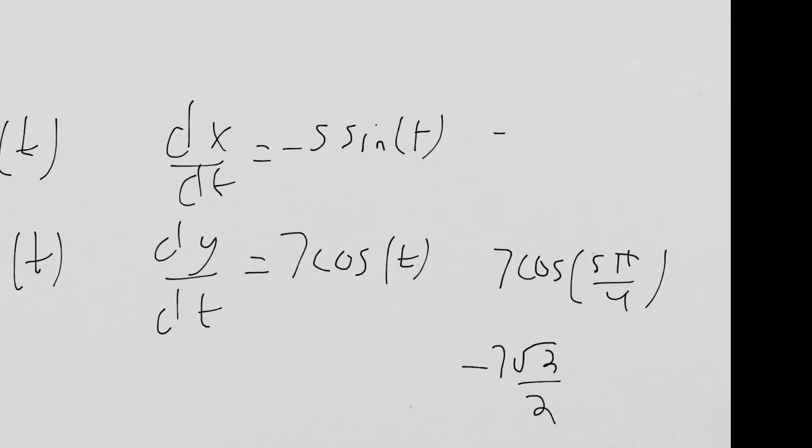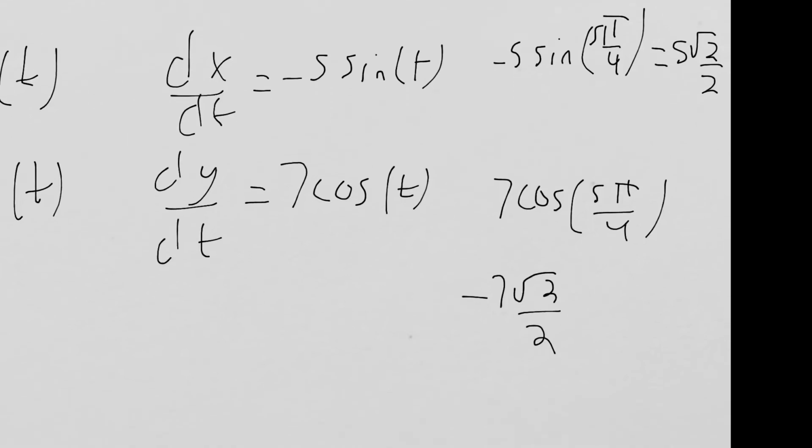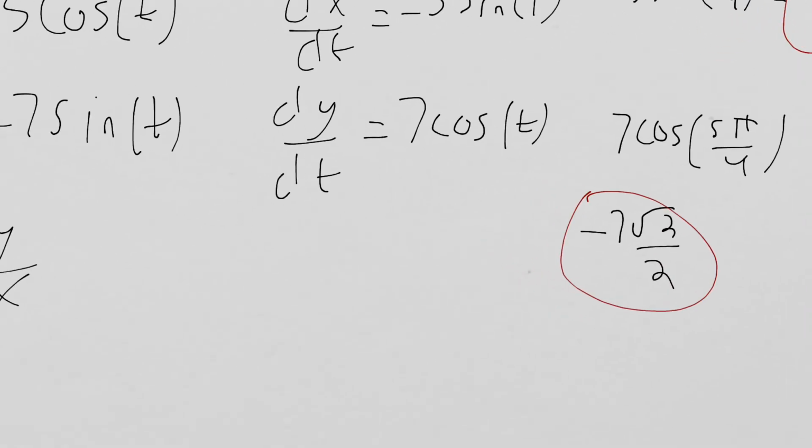What about dx dt? We have negative 5 sine of 5 pi over 4. Again, third quadrant, sine is negative. It's equal to root 2 over 2, so it's negative root 2 over 2 times negative 5, which is going to be positive 5 root 2 over 2. So then all we need to do is dy divided by dx. And because they both have a root 2 over 2, those are going to end up canceling, which is going to be nice.